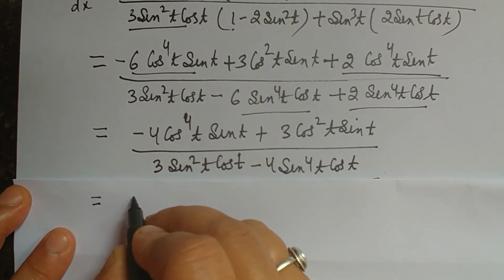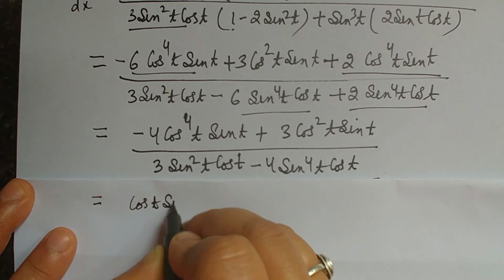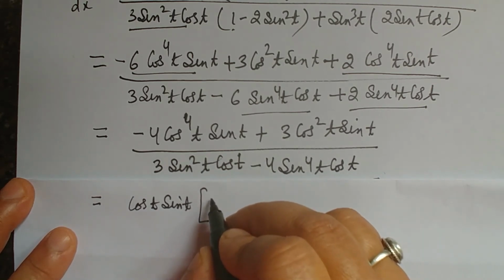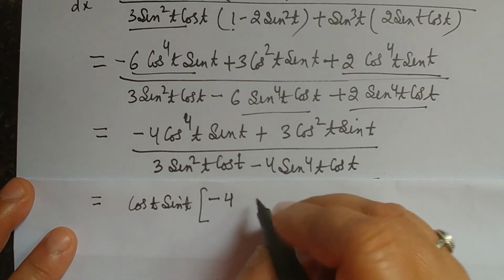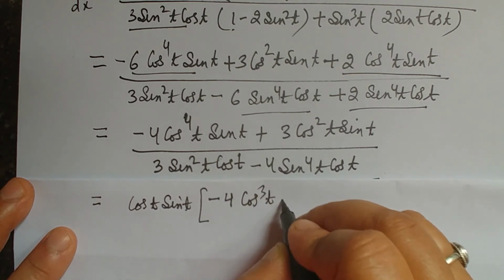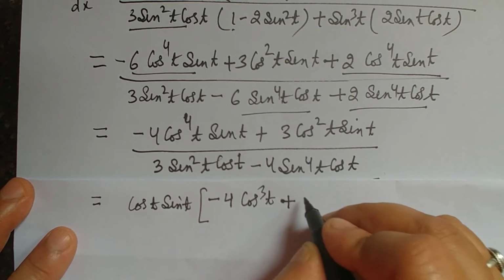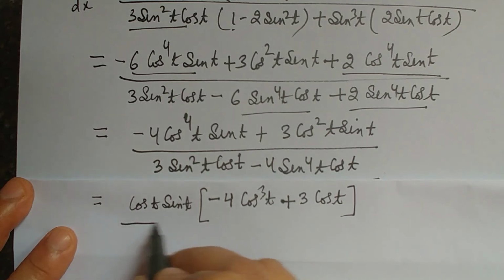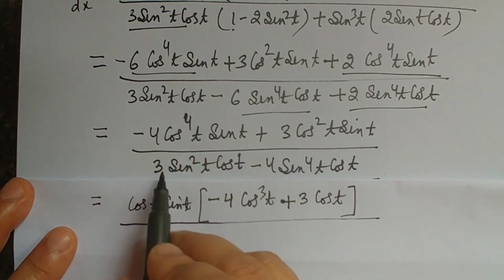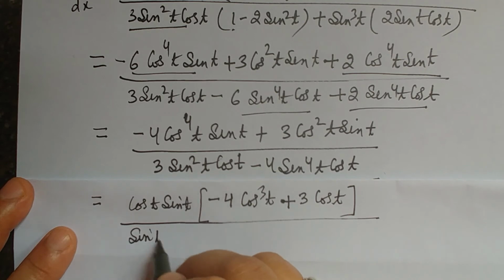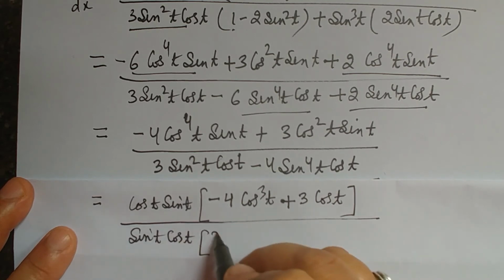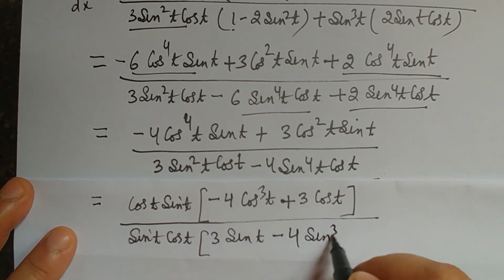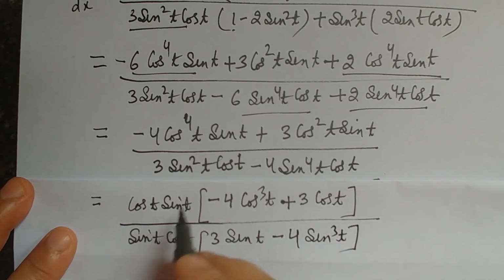I will take just cos t sin t common from the numerator and the same from the denominator. So it becomes minus 4 cos cube t plus 3 cos t, as the rest of the things are common, divided by, from here also take sin t cos t common. I get it as 3 sin t minus 4 sin cube t. Okay, this gets cancelled.